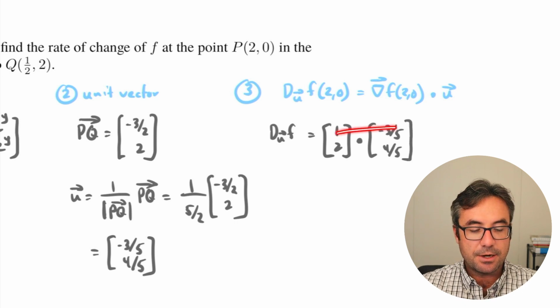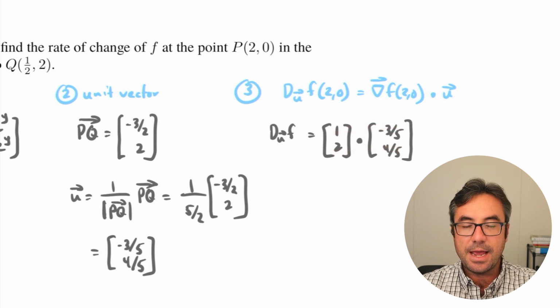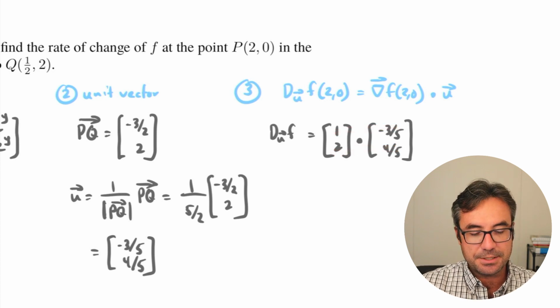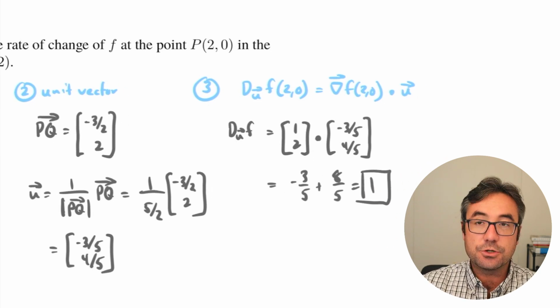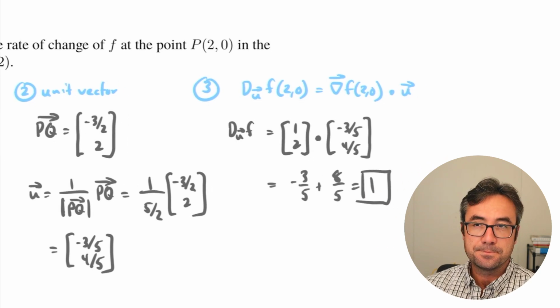We multiply across and add up the results to do the dot product, and we end up with -3 over 5 plus 8 over 5, which ends up being 1. And so that's our directional derivative.